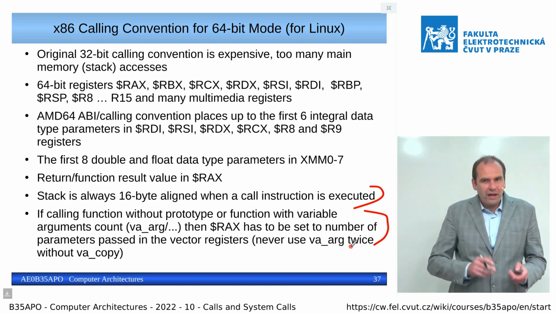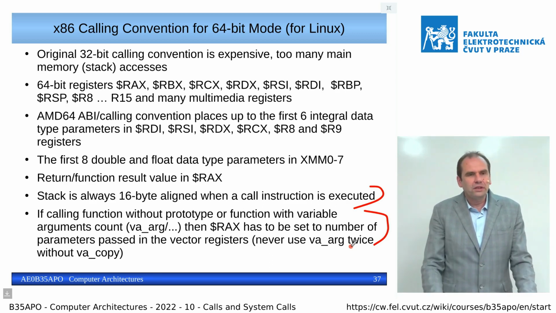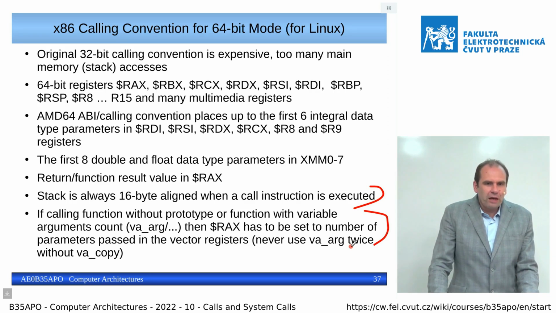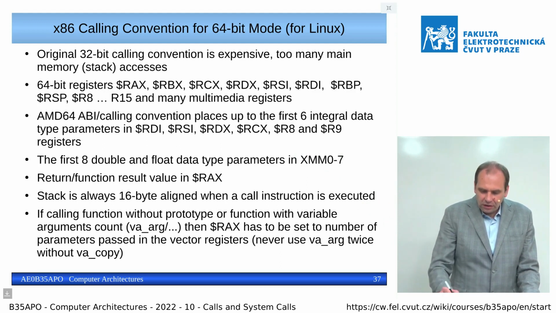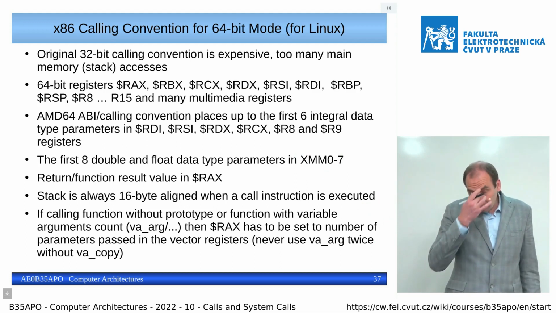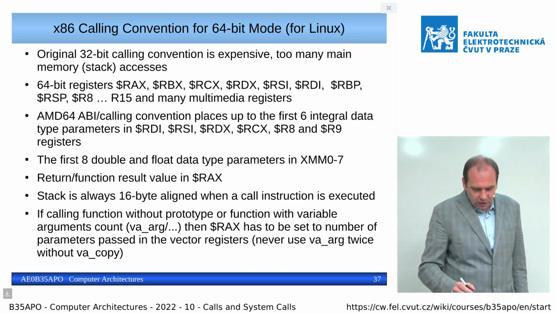If you want to call a function and you do not know its prototype, then you have a problem iterating through the arguments, so it is necessary to declare how many XMM registers are actually used by the function call, to allow iteration over them inside the subroutine.